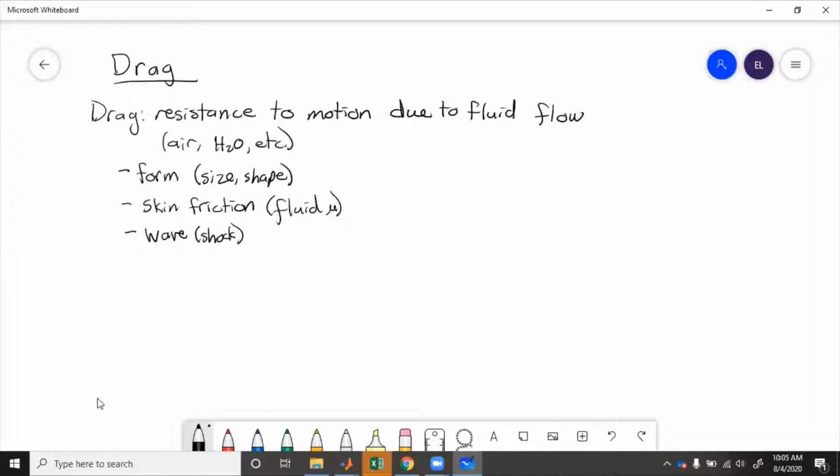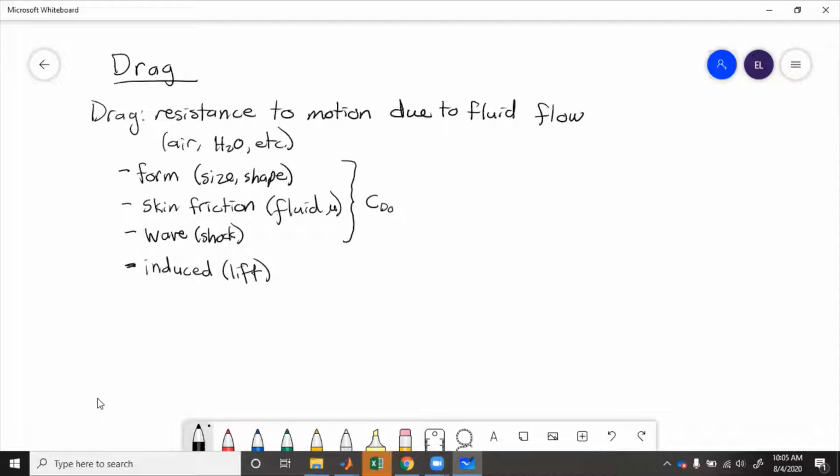And then, all of these are considered real drag. And then there's a 4th kind that's induced drag, and that's lift. So generally the induced drag is desirable.